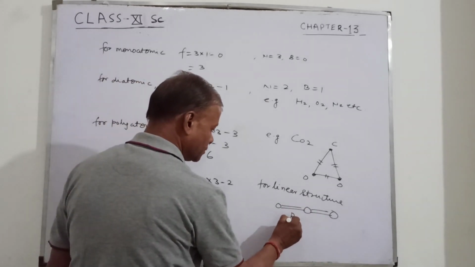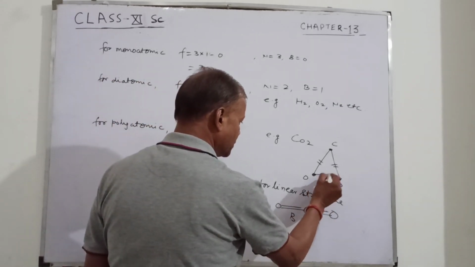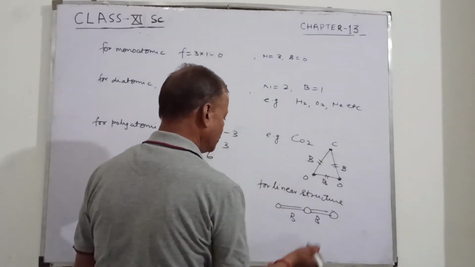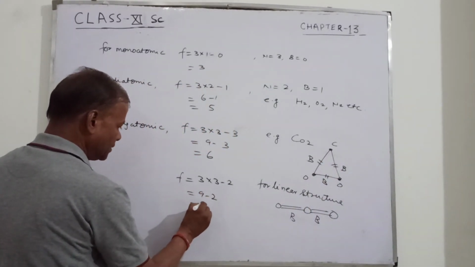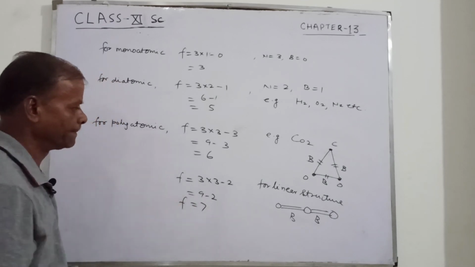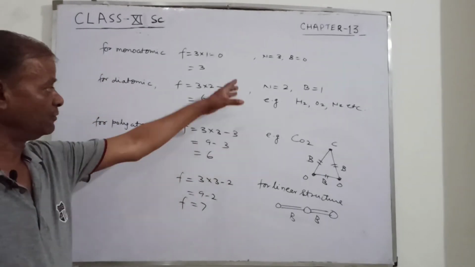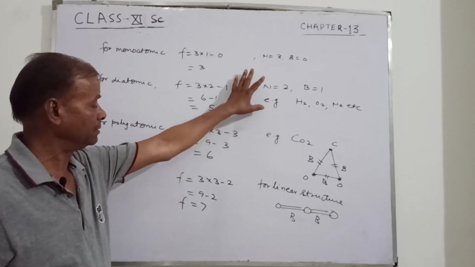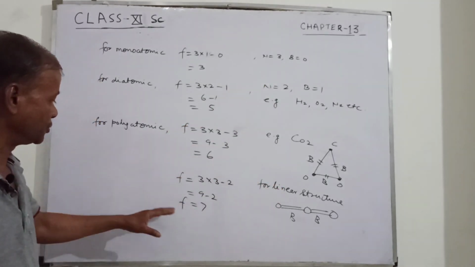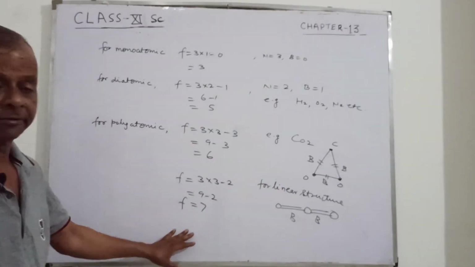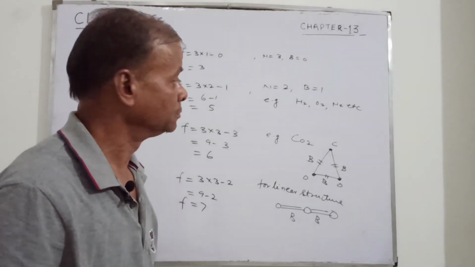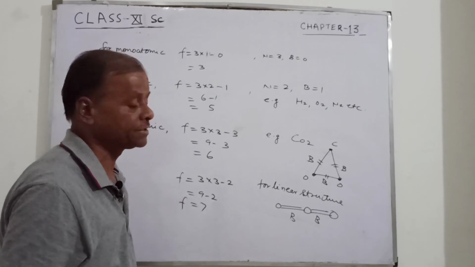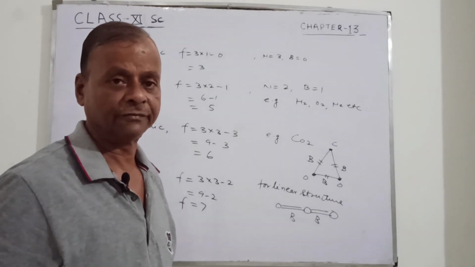So now this is equal to 9 minus 2. So it has now 7 degrees of freedom. So thus knowing the molecule and number of bonds, you can calculate the degrees of freedom of the molecule. So this is the degree of freedom of the molecules.